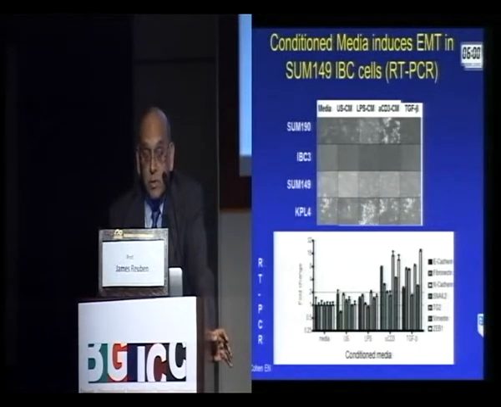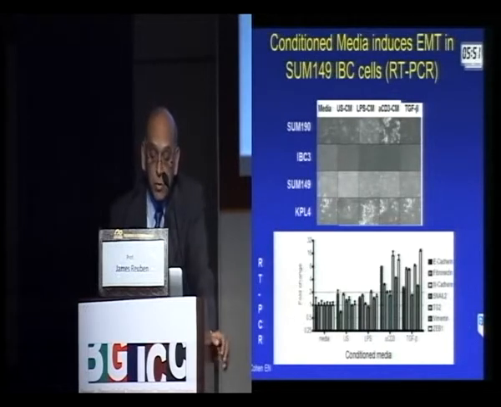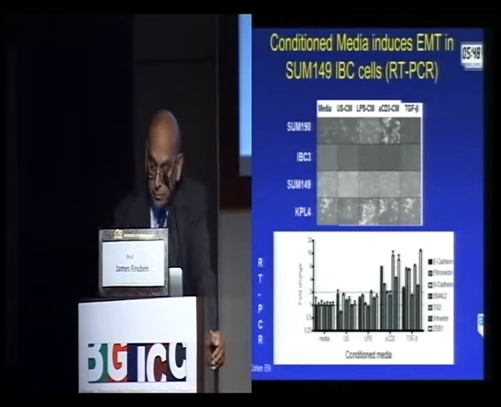And if you go to LPS, you see there's a slight increase in some of the transcription factors. But when we expose the cells to the supernatants of activated T cells, there was a tremendous increase in these transcription factors, similar to what you would see with the control, TGF-beta, in the last column.